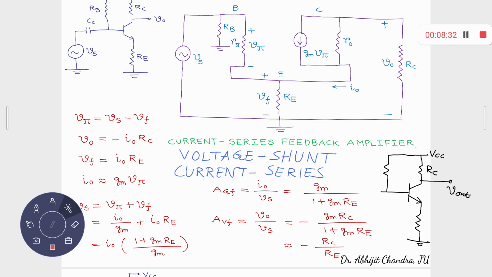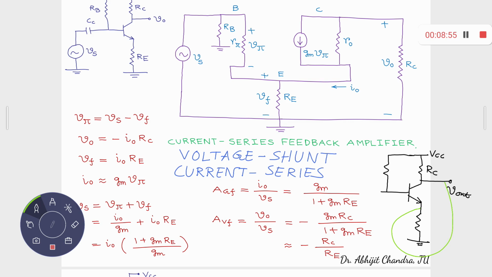But what I want is a series kind of mixing. So I have to create some series kind of mixing. Let's have a different color. Might be something like this, with some resistance between this and that.